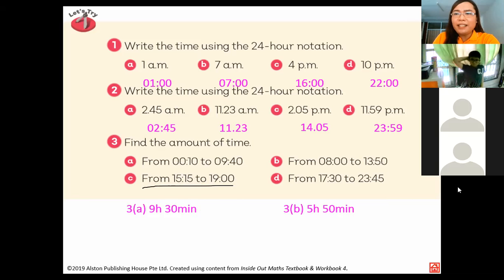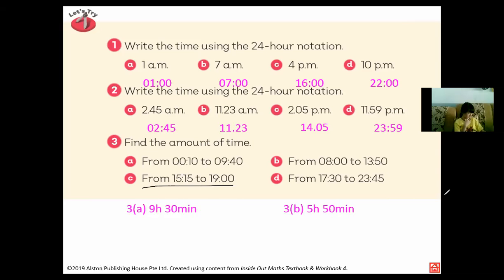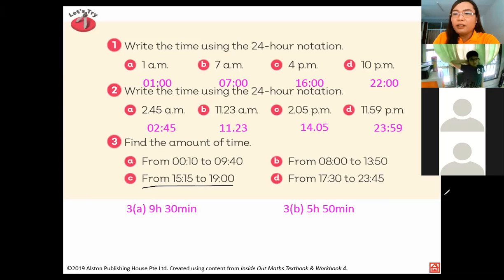I only have Pete here. What about the other students? Sapay, Kwangtung, Alpha, Kalhom, Gam, Nulek, Yada, where are you? What is the amount of time from 15 to 19?